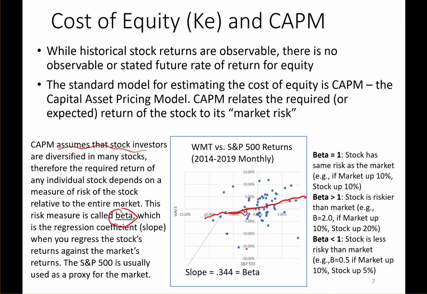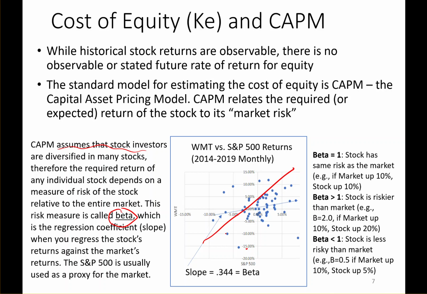So what's the interpretation? If the slope of that line is equal to 1, that means when the market tends to be up 10%, the stock tends to be up 10%. Market's down 10, stock's down 10. So we say that stock has the same market risk as the market. If that beta is greater than 1, it has a higher slope, that means when, say, the market's up 10, that stock's up 15.